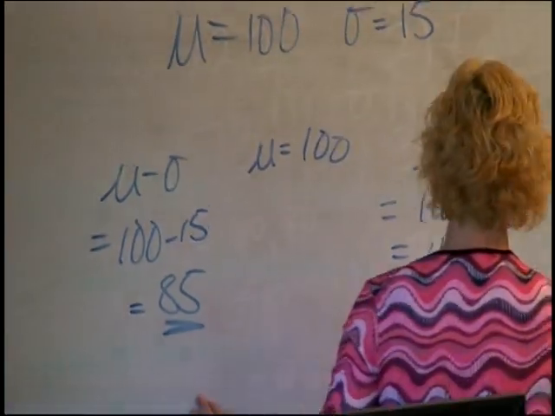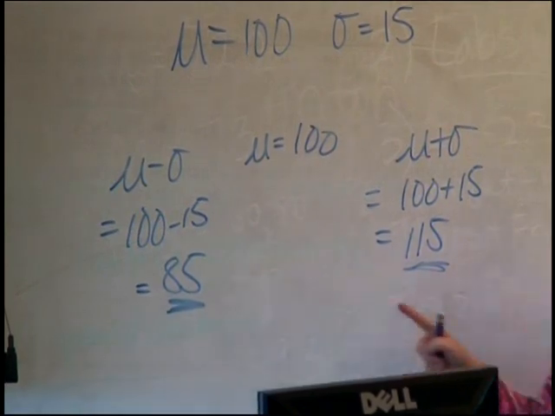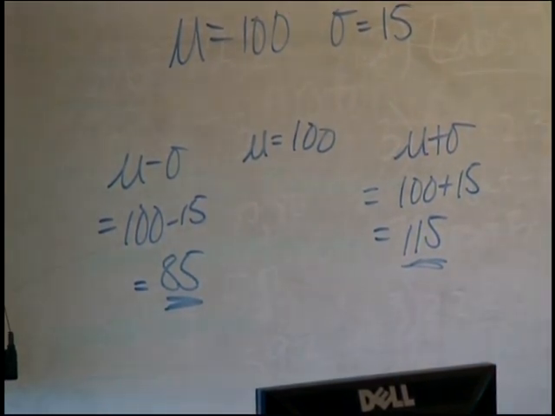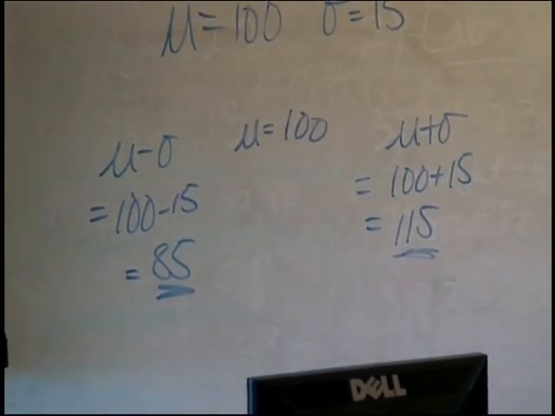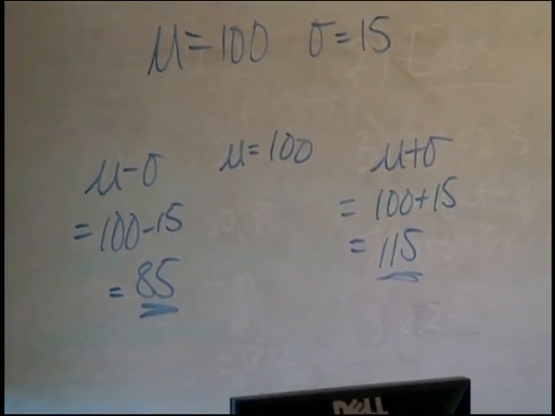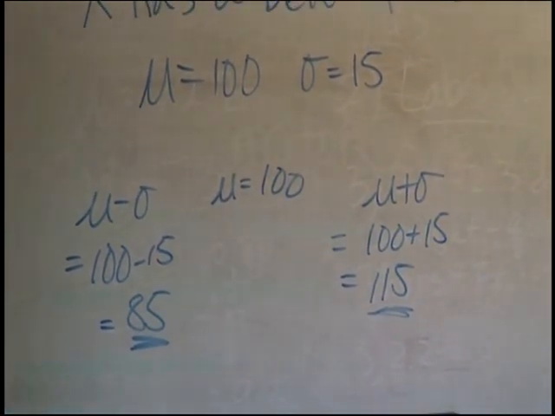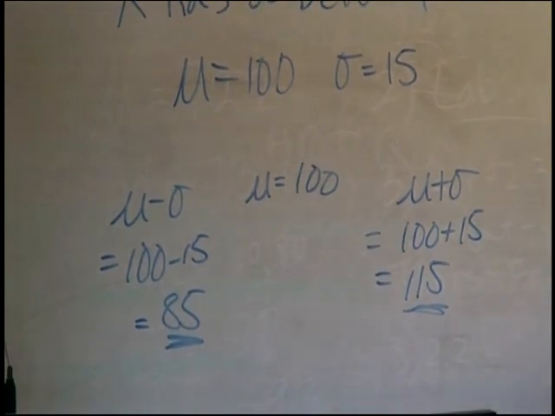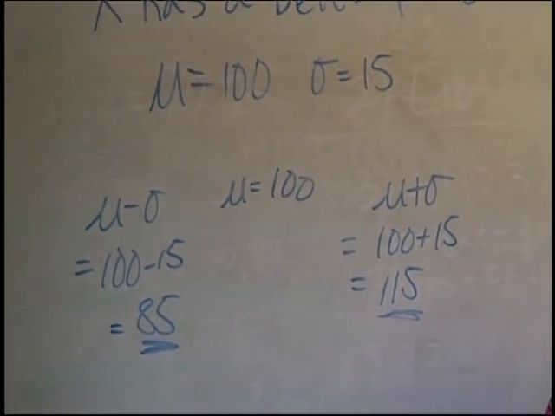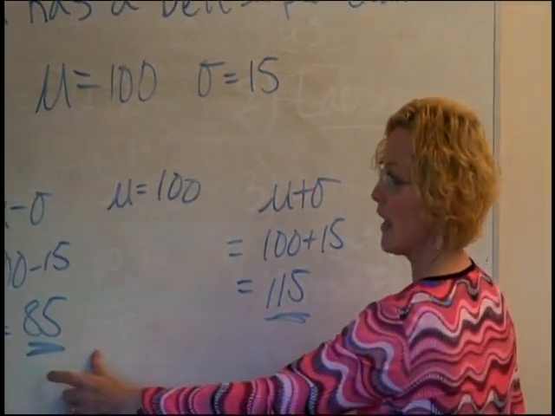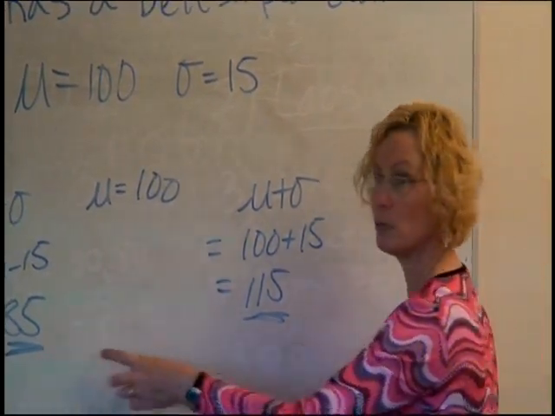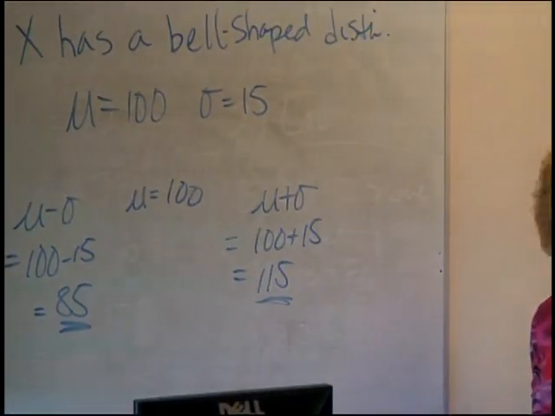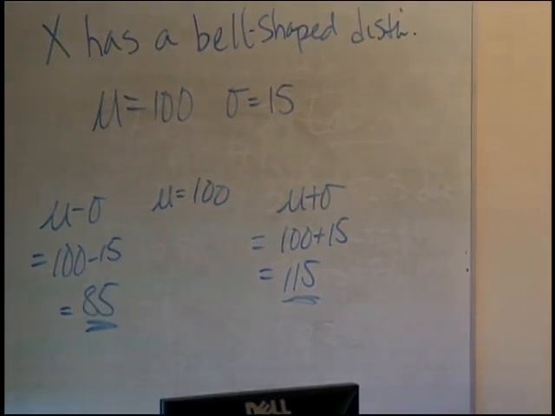Okay, how many people have IQs between 85 and 115? Apply the empirical rule, and it says within 1 standard deviation, 68%. So 68% of people, give or take a couple, have IQs between 85 and 115. Does that make sense? You guys with me?